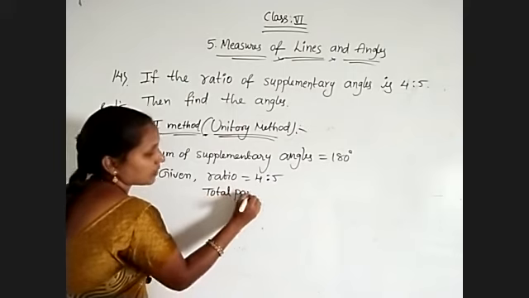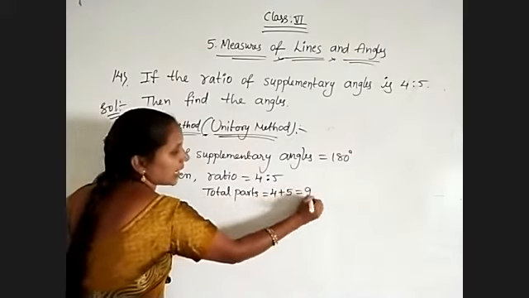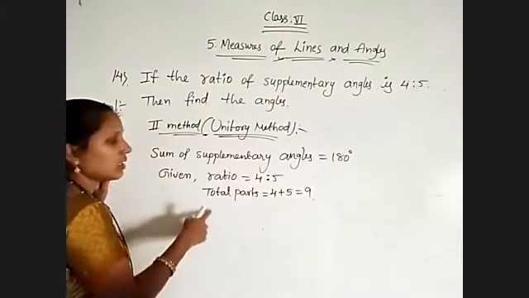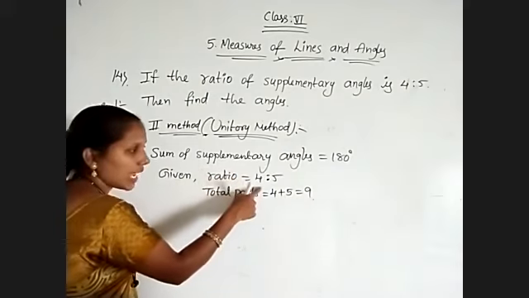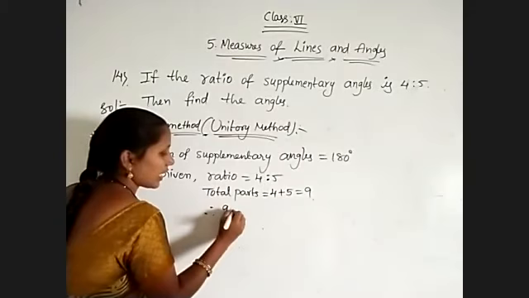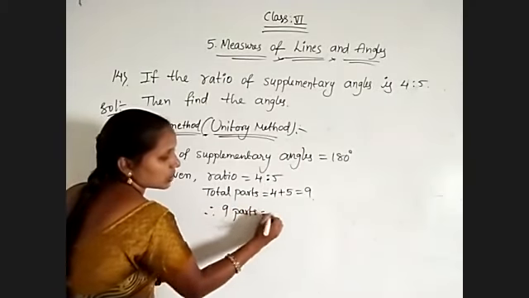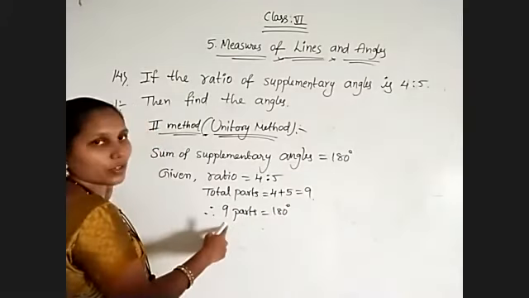The total parts of the ratio is equal to 4 plus 5, which is equal to 9 parts. And we know that the sum of the angles is 180, meaning these 9 parts are equal to 180 degrees. 9 parts is equal to 180 degrees. Then what will be the value of one part?